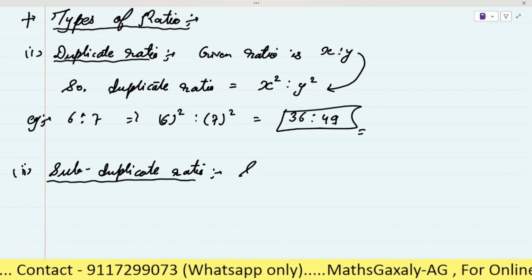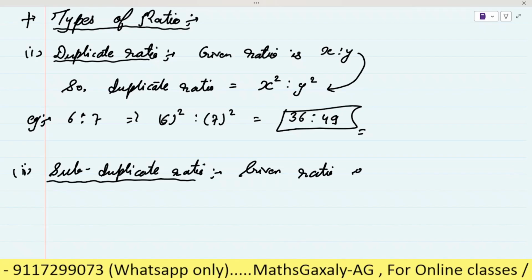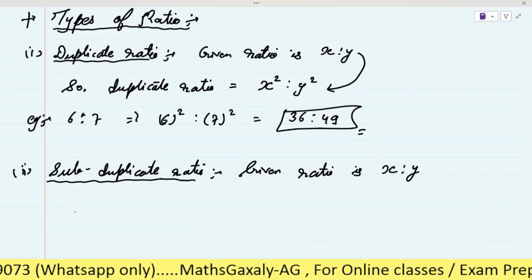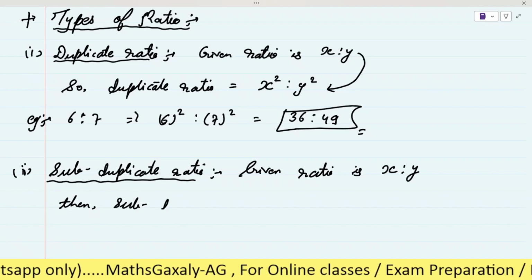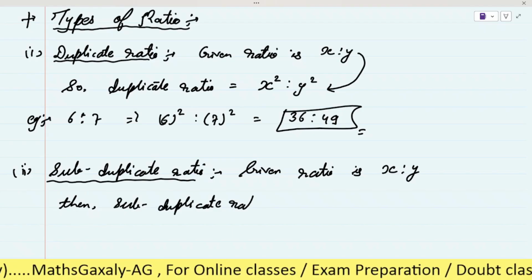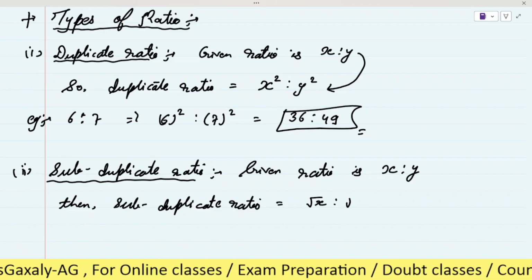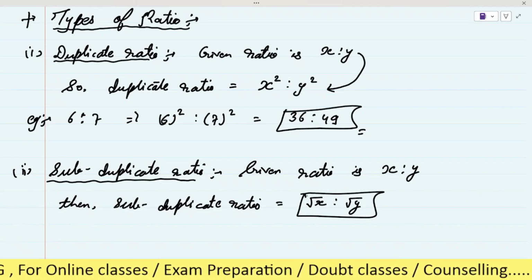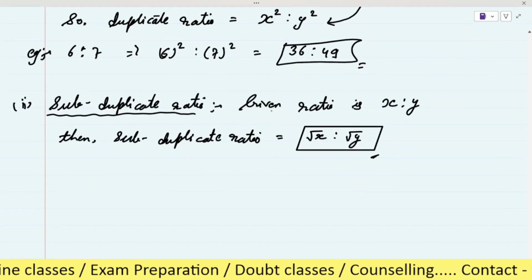Suppose the given ratio is x is to y, then the subduplicate ratio will be root under x is to root under y. So here we can say that root under x is to root under y is the subduplicate ratio of x is to y.